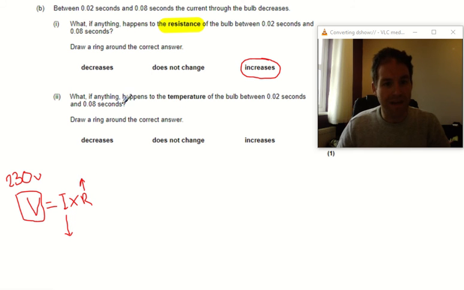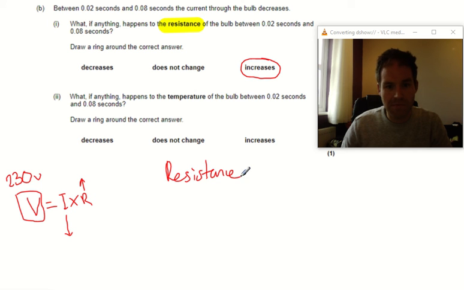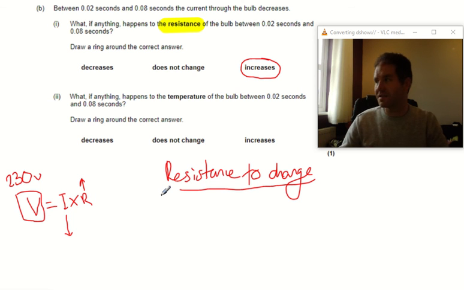So what, if anything, happens to the temperature of the bulb between 0.2 seconds and 0.8 seconds? Now, previously we had to think about our understanding of what causes resistance to change. And then what does cause resistance to change?